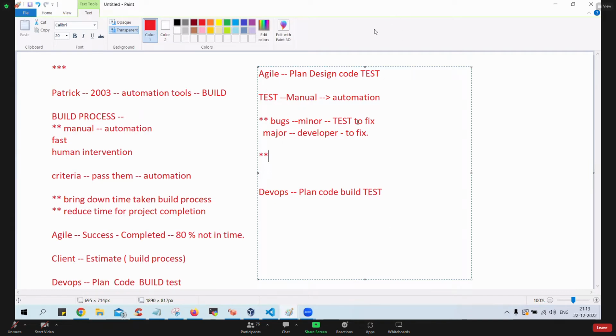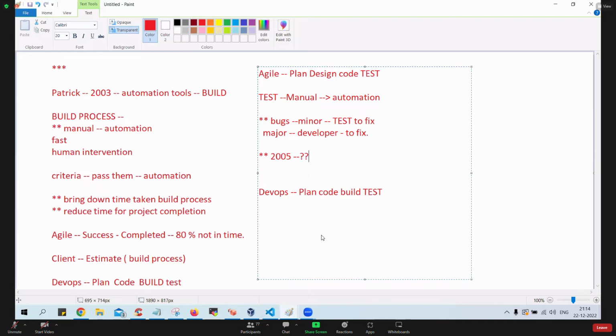Right, nice. Now you tell me, guys, what was the scope of the testing field in 2005? Were they focusing on identifying the bugs, or are they focusing on performance? This is a new thing, guys.